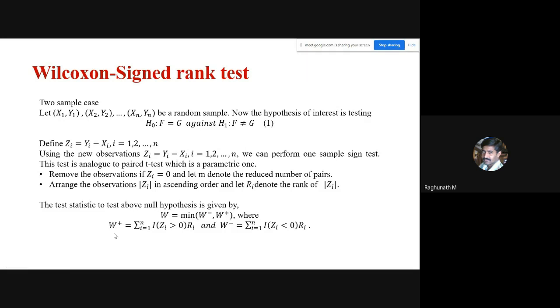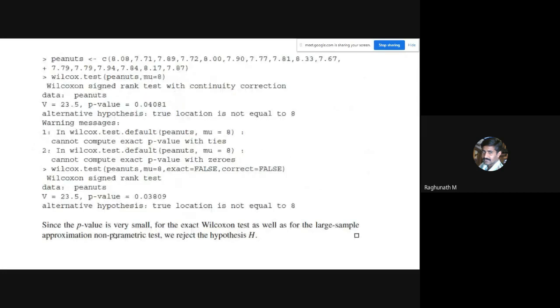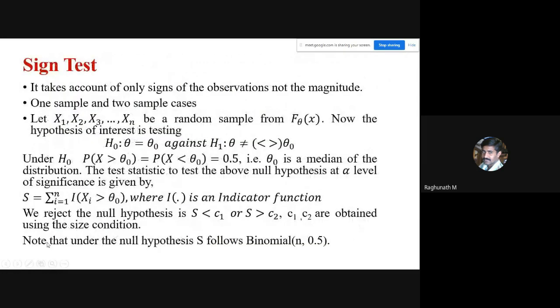Whenever we are talking about the distribution of a test statistic, whenever we want a rejection rule, under the null hypothesis I know that this follows a binomial. I will reject if my test statistic is less than C1 or greater than C2. These are called the critical values, which are obtained with the size condition alpha.